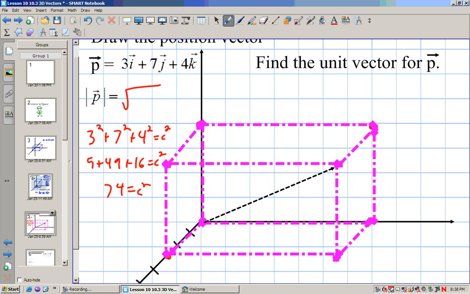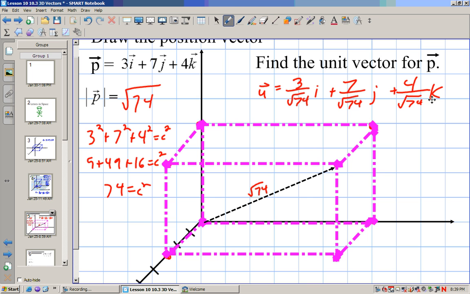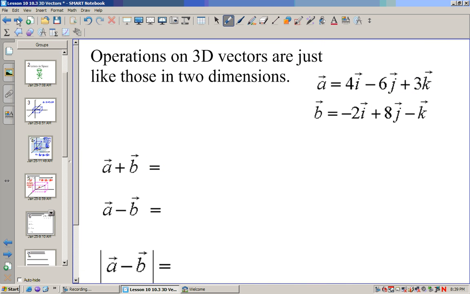No, it doesn't. So this is going to be the square root of 74 as a magnitude. So to find the unit vector, that would be 3 over root 74 i plus 7 over root 74 j plus 4 over root 74 k. Hopefully you did that correctly.